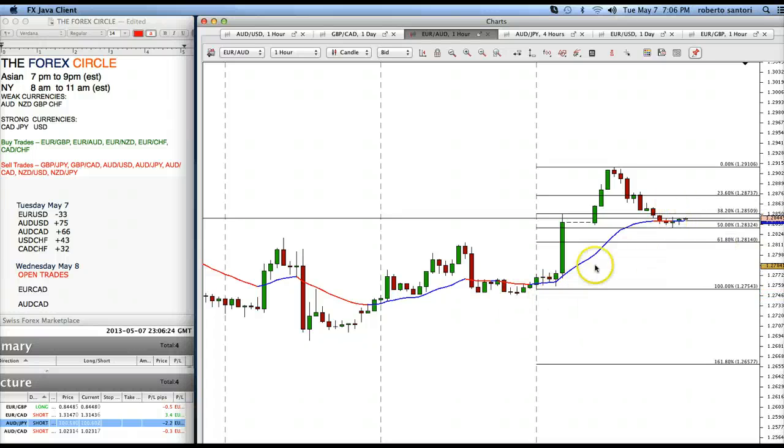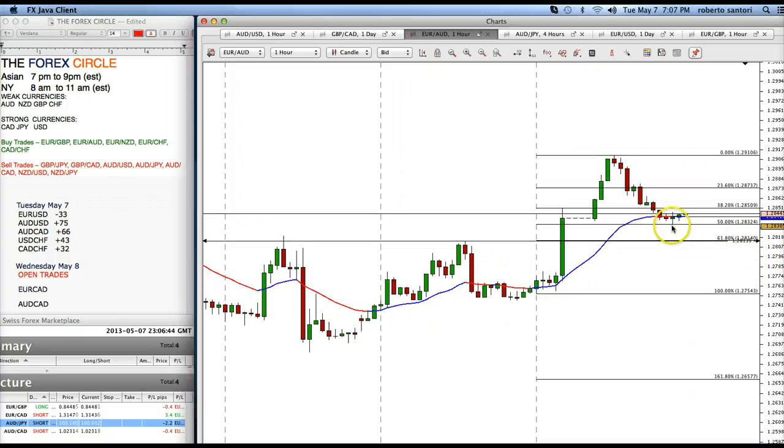And the stop loss, unfortunately, needs to be below the swing low. But that would be a great entry, 128.44. Or you can put your stop loss below the swing high, which is the support, also happens to be 61%. That's even a better entry. But it seems to be bouncing off that 50% retracement level and giving us a color change candle. So that would be a good entry on this pair.